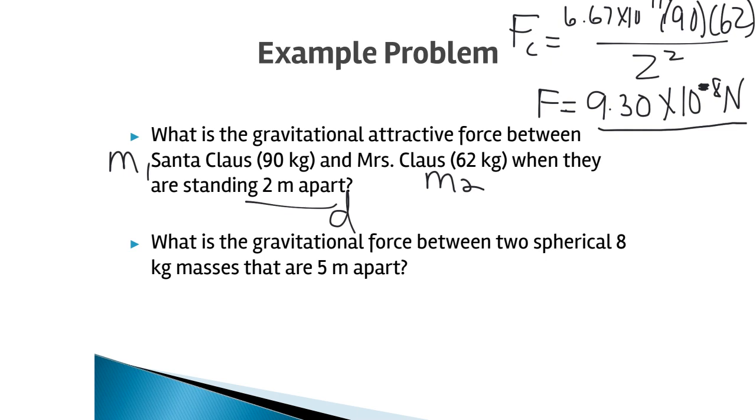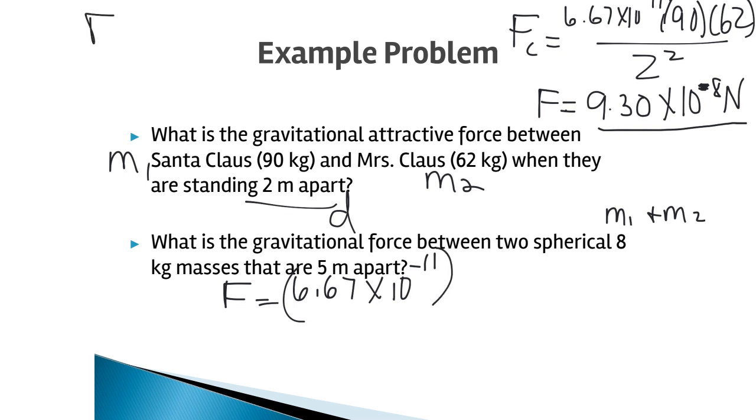Next problem is, what's the gravitational force that exists between two spherical 8 kilogram masses? So mass 1 and mass 2 have the same mass. We are going to use the gravitational constant, which is 6.67 times 10 to the negative 11. That's G. Let me rewrite the equation up here.